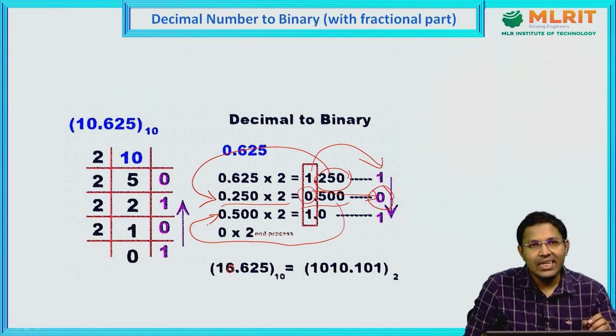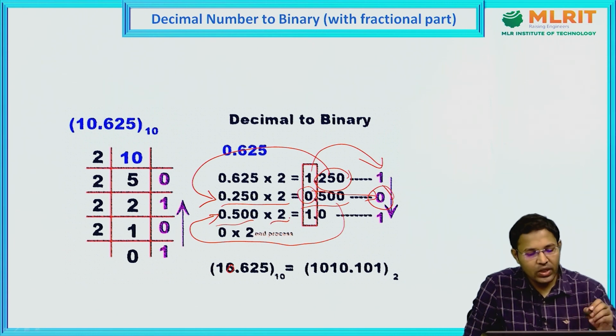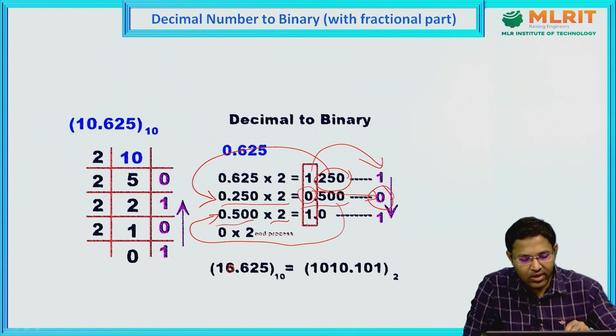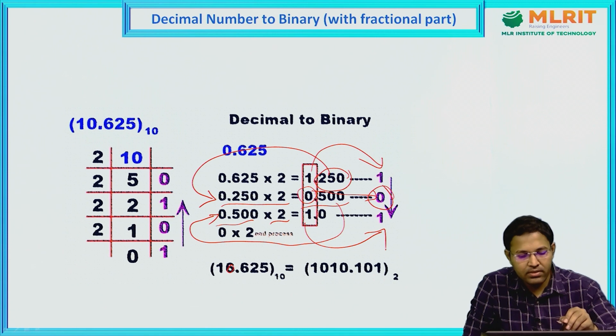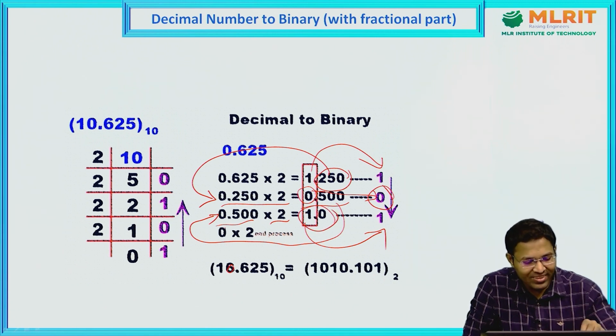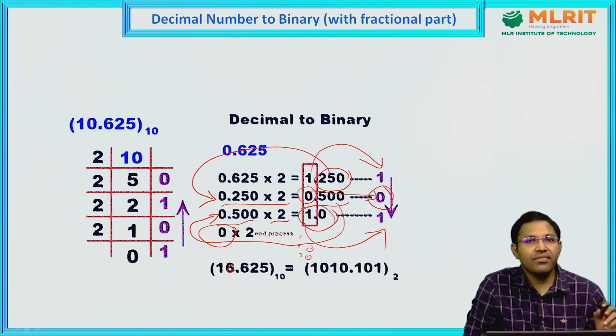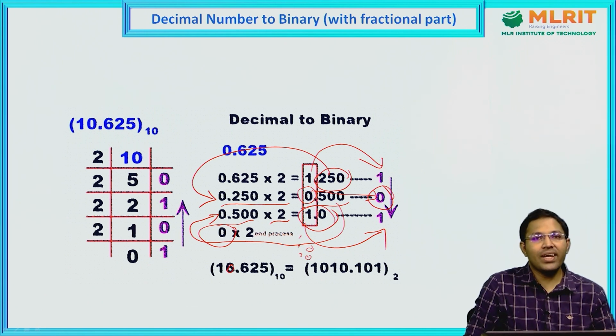And then 0.5 into 2 gives us 1. Now if you take out this 1, we are left with 0.0, or simply 0. If you continuously multiply by 2, you are going to get all zeros hereafter, so we can stop the process here.